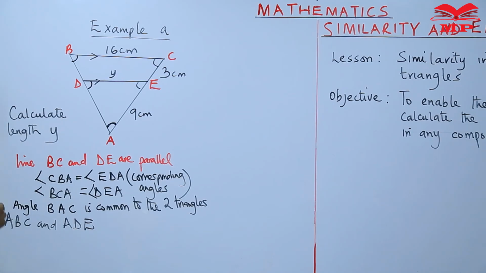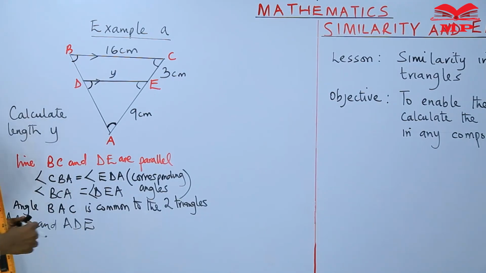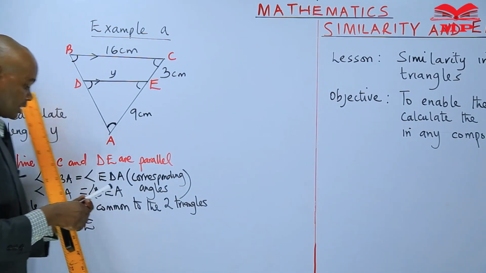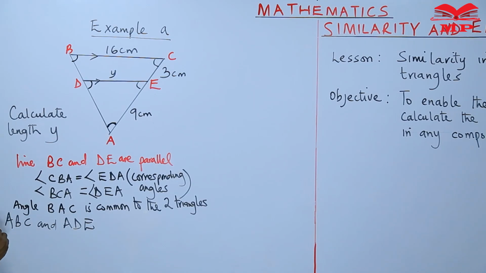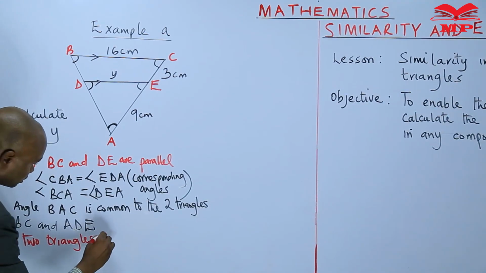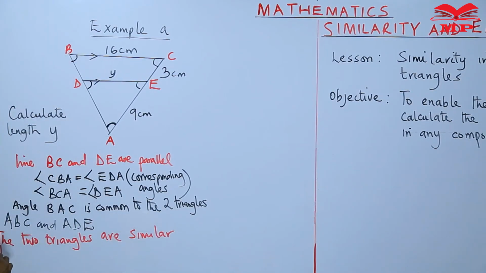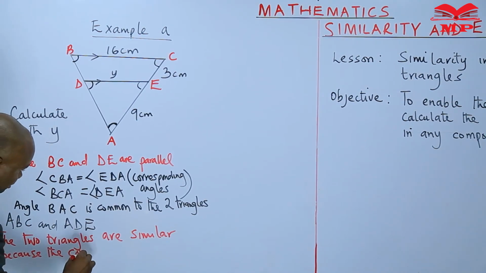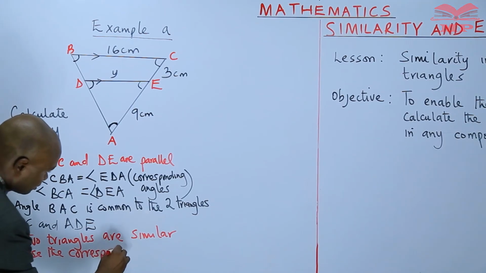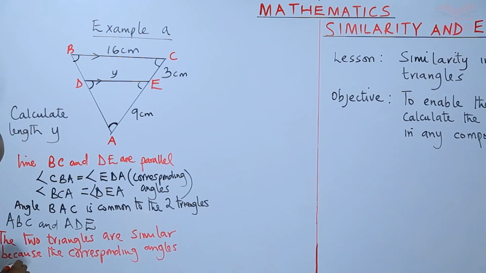It is common. Since this angle is common to this triangle and that triangle, the two triangles are similar, because the corresponding angles are equal.